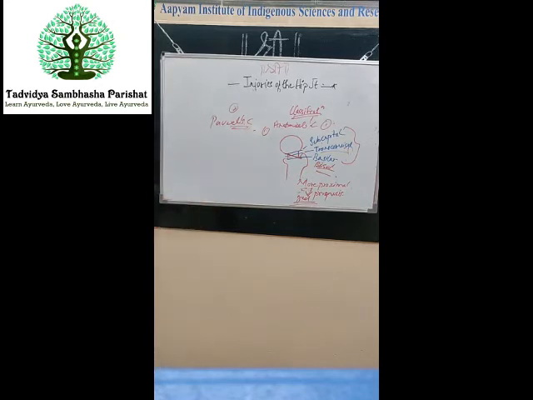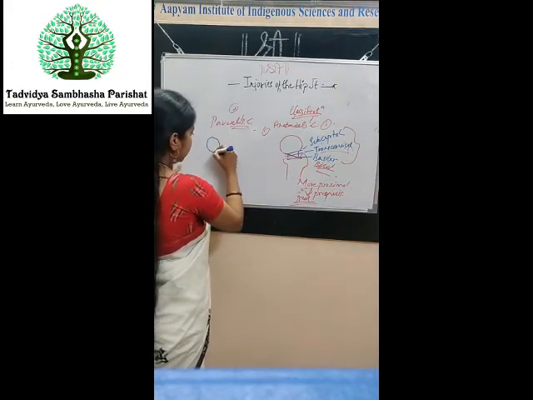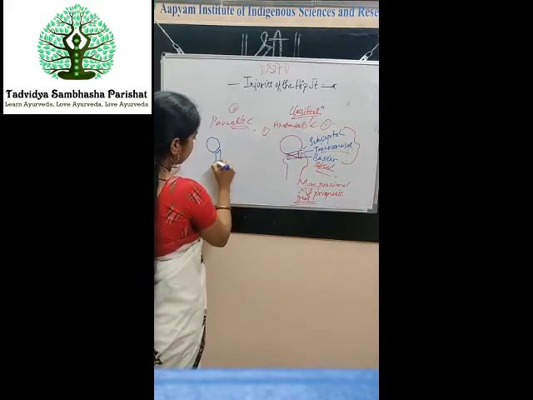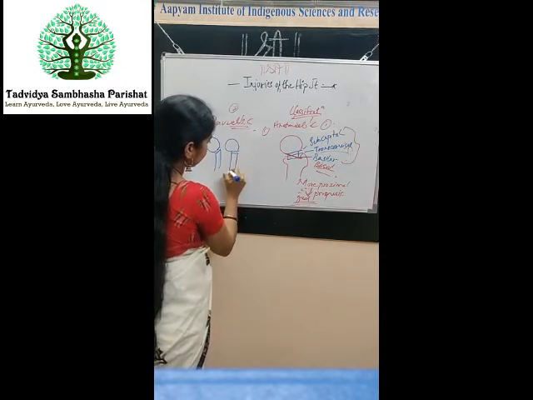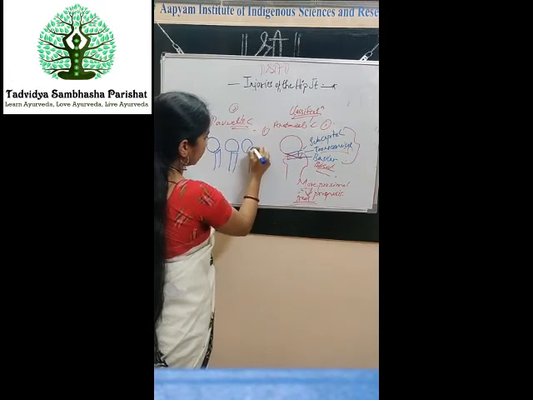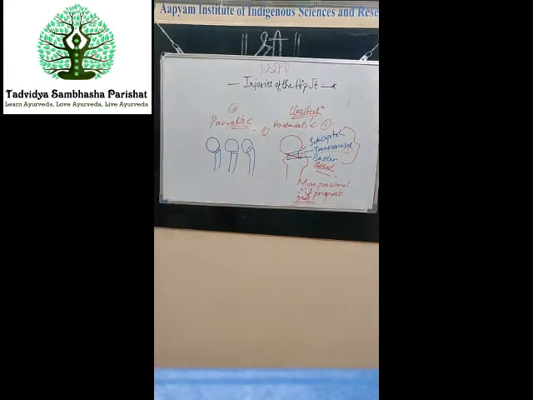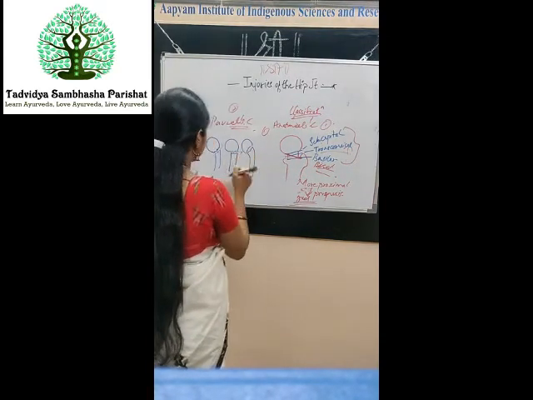Now, the next classification is called Powell's classification. Powell's classification is with respect to the angle. The angulations here are different. This is like this. This is like this.